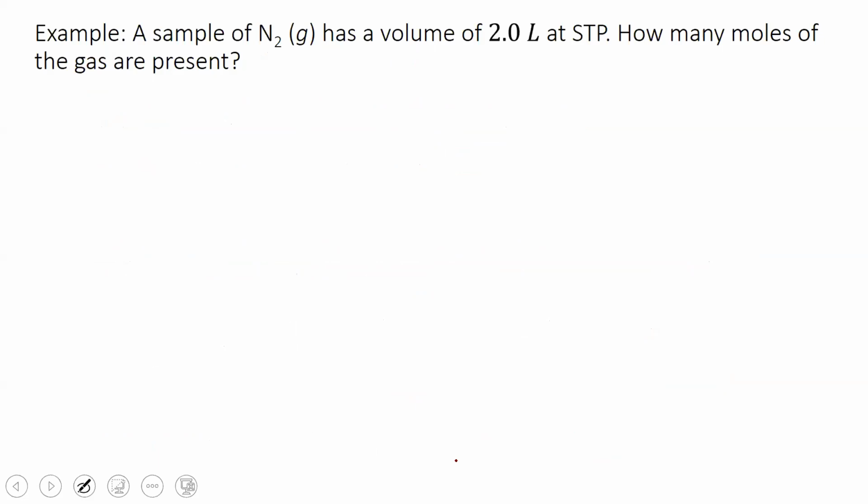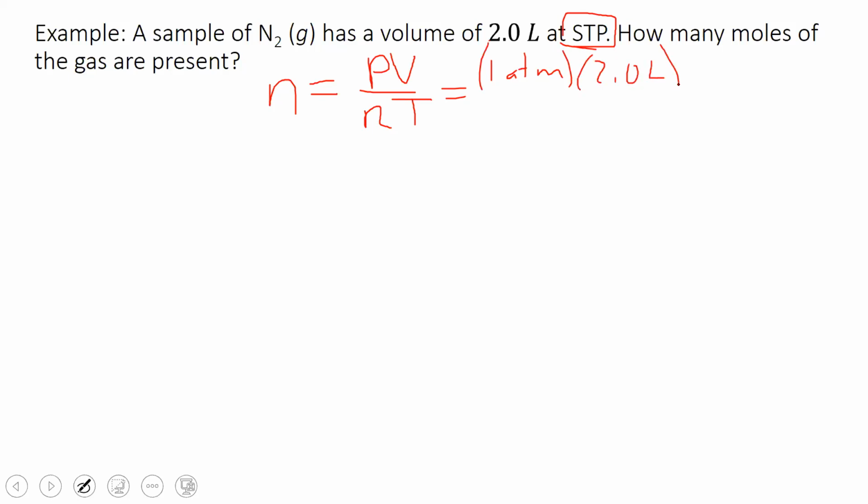If you know the volume, the temperature, and the pressure, you can determine the number of moles. And we can do this really 2 ways. We can determine moles just like we did: n is equal to PV over RT. You can plug in those values, assuming you remember the standard temperature and pressure values. Pressure would be 1 atmosphere. Volume we're given 2.0 liters. R is 0.08206 liters atmospheres per mole Kelvin.